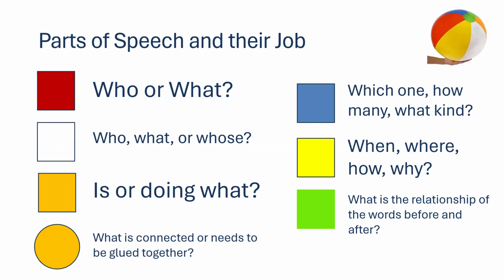So who or what would be our noun, who, what, or whose would be pronouns, is or what doing is verbs, and so on. So I might have these up on the board, or I might have them in a pocket chart, and we would toss the beach ball around, and wherever the right thumb landed, that student would be responsible for coming up and highlighting that part of speech and then talking about what it means within the sentence.